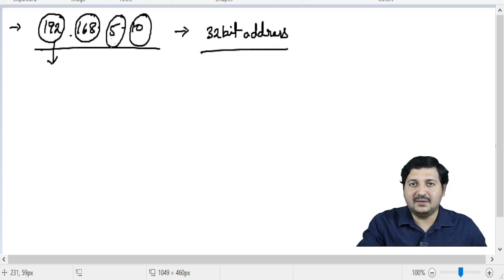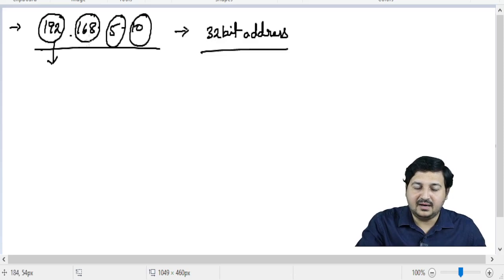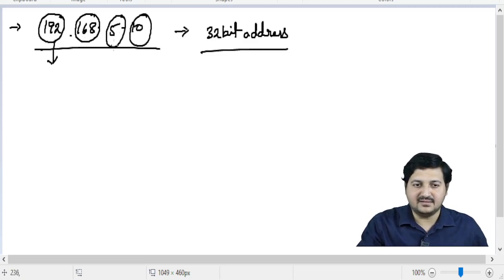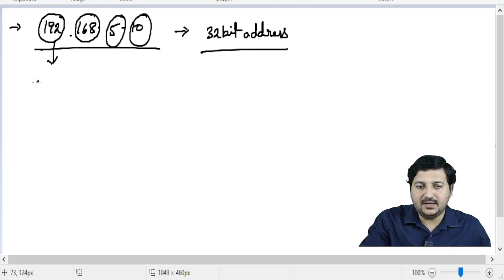That means in an IP address we have 32 bits. Computers can understand only binary language; we humans can remember decimal. So for our convenience we keep this in a specific format called the dotted decimal system. This 192 consists of how many bits? 8 bits. Dot, 8 bits. Dot, 8 bits. Dot, 8 bits.